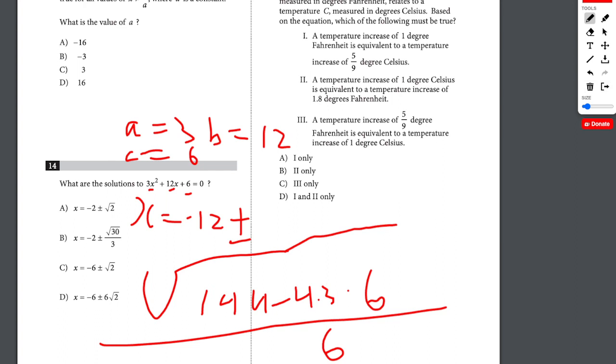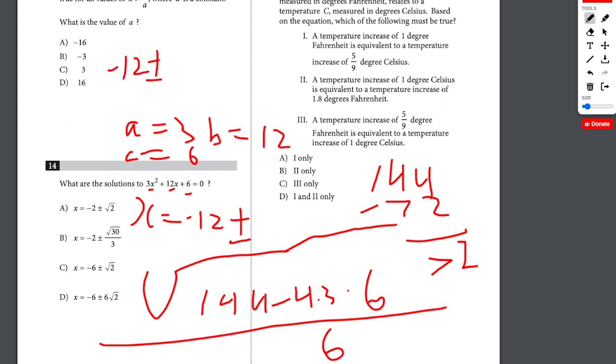But let's focus on inside the square root first. We have b squared minus 4ac. 4 times 3 is 12. 12 times 6 is 72. 144 minus 72 is 72. So we have negative 12 plus or minus the square root of 72, all over 6.